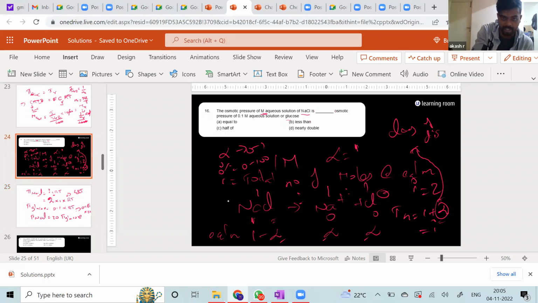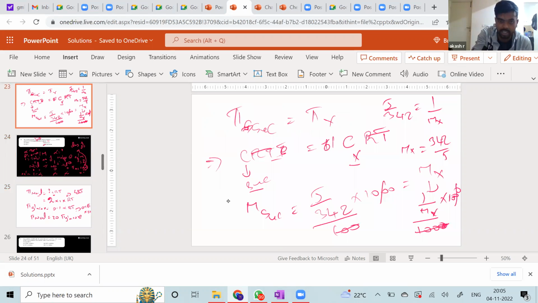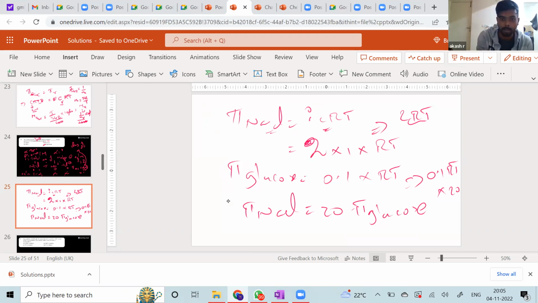But I think it's a printing mistake, because I think this is 0.1. Only if it is 0.1 m, then I can say that it is going to be nearly double the value. If I put 1 m here, you're getting 2 RT. Here we have taken the concentration of NaCl as 1, that's why we're getting 2 RT.